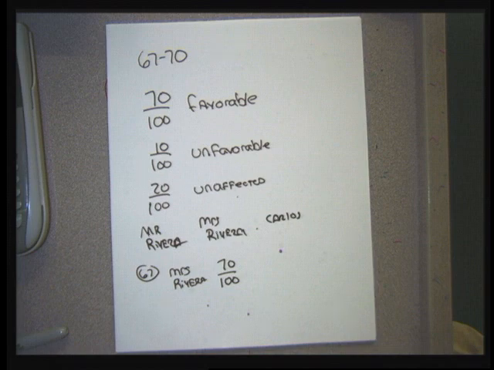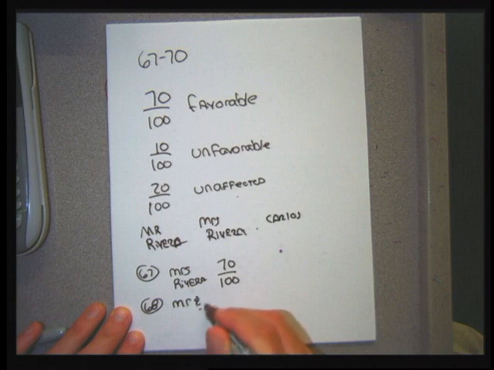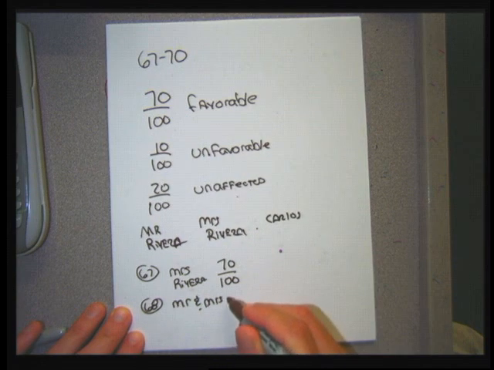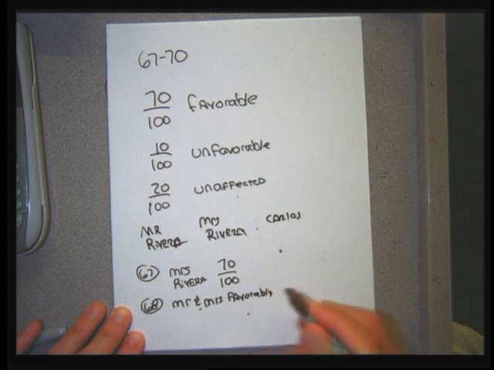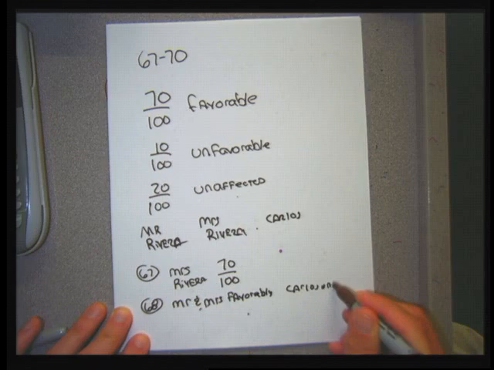If I need the probability for 2 people or 3 people, then I can do multiplication. 68 is both Mr. and Mrs. react favorably, and then Carlos is unaffected.